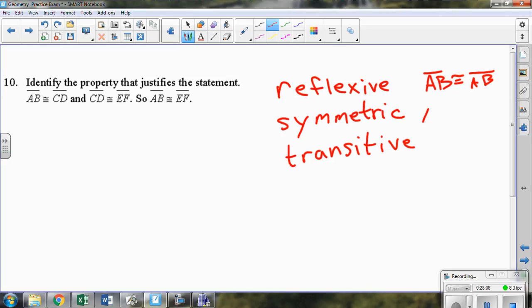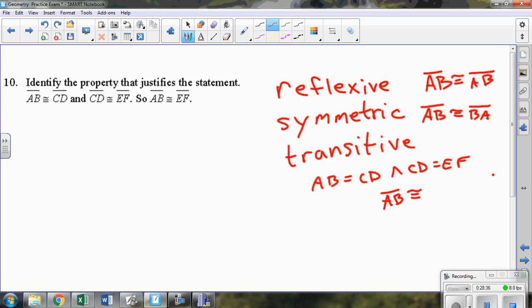The symmetric property was used for pieces like AB is congruent to BA. And the transitive property was used for pieces like AB is equal to CD and CD is equal to EF, so we can get down and say AB is congruent to EF.